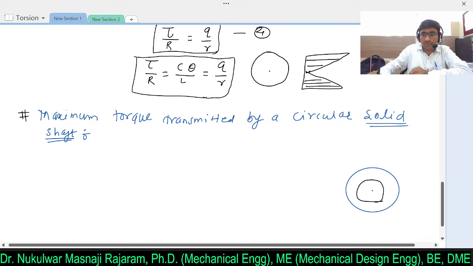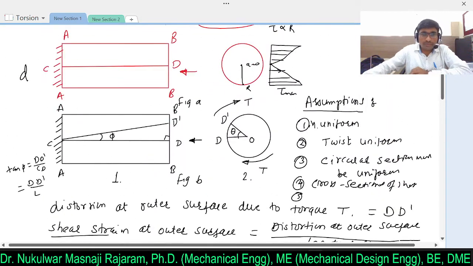Assume this as a circular one. Let's say this is a circular ring. So this is a cross-sectional view. Clear? So same shaft will be there. This view I am drawing. Okay, I am not drawing this one, I am drawing this one.